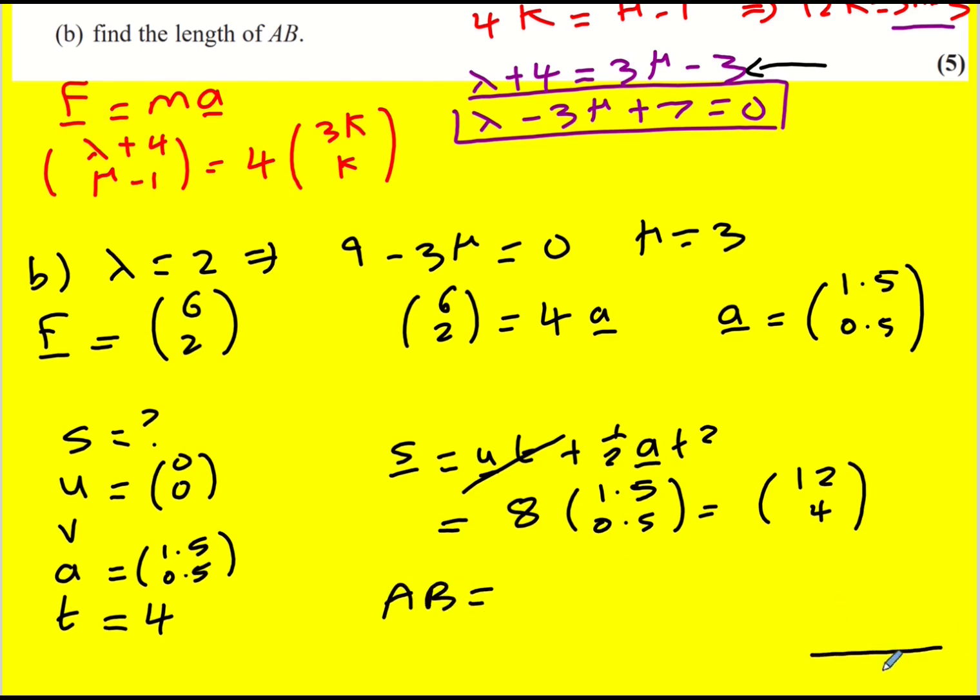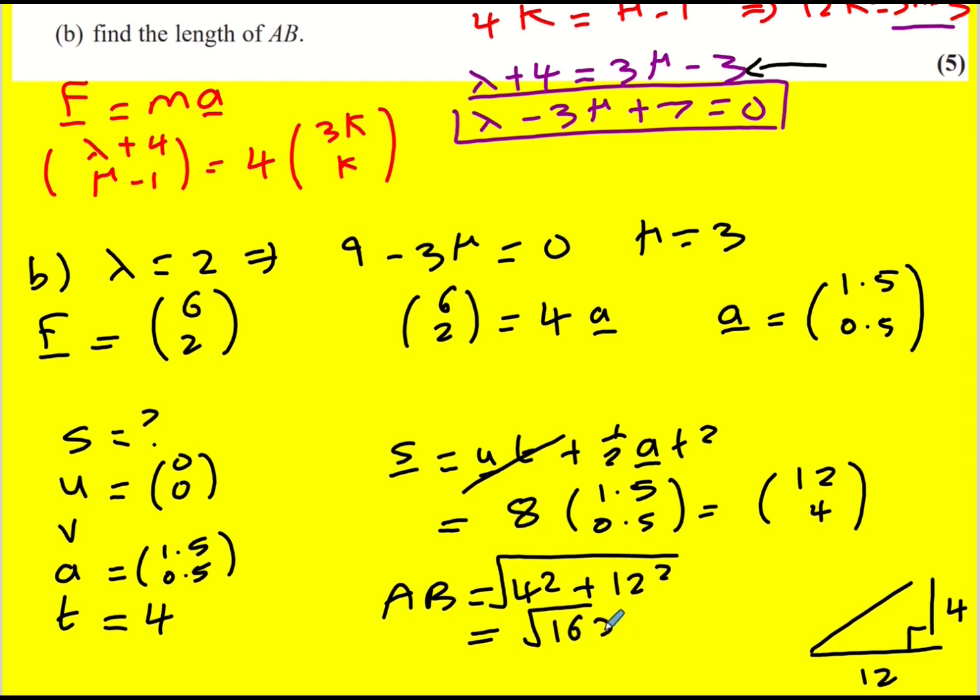We're going along 12, up 4: 4² + 12², square rooted, which gives √160. That's the exact length. I tend to feel in mechanics we're dealing with models and so forth, so I'm writing it to 3 significant figures, 12.6 meters. Well done.